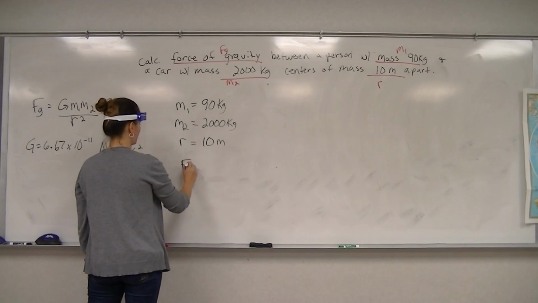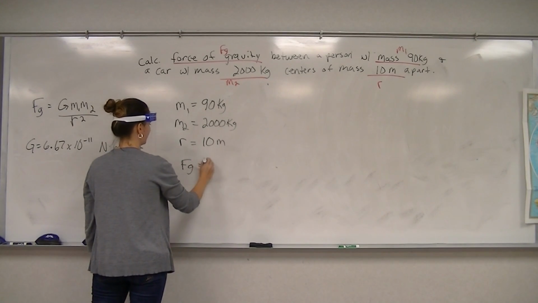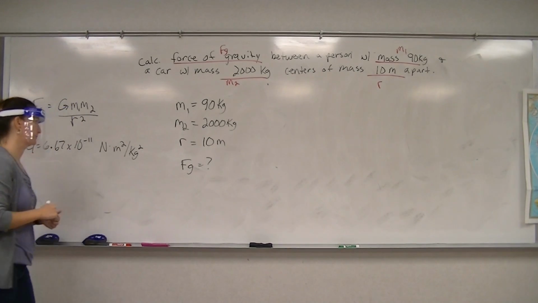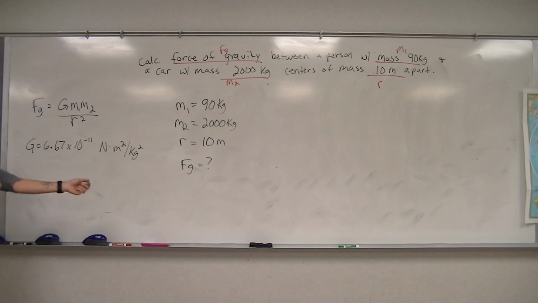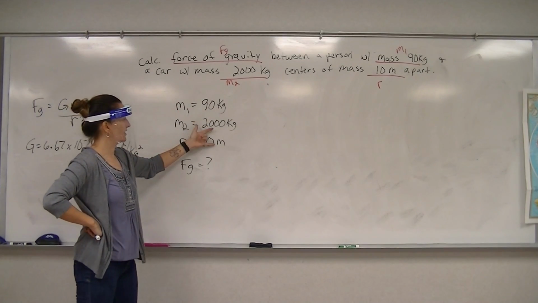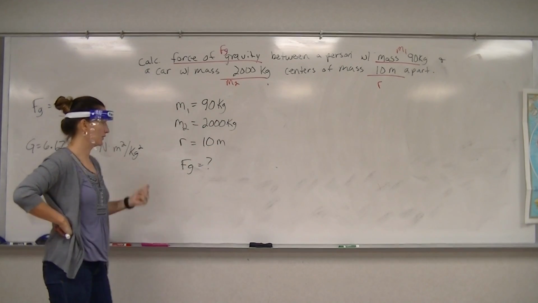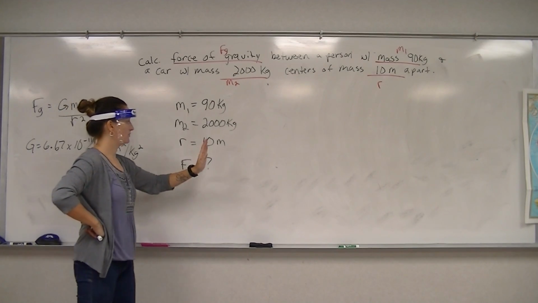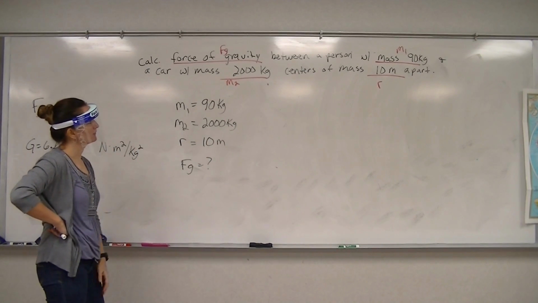And my unknown was the F of G, gravitational force. All right, so checking units. Mass is in kilograms, we're good there. The distance or radius is in meters, good there. When I calculate force, it should be in newtons.